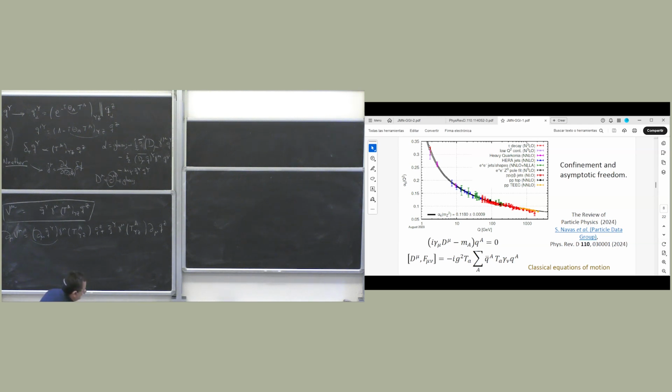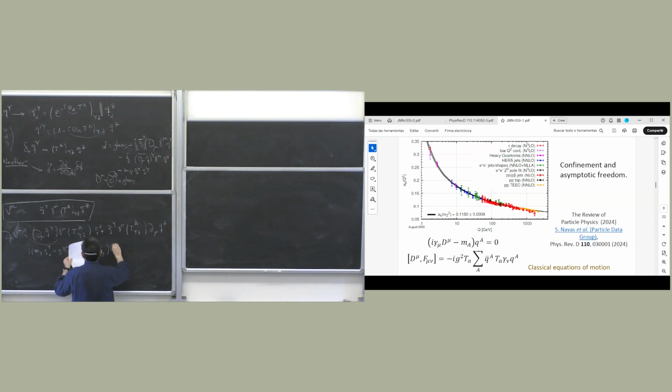So then we get i m y q y alpha minus g V mu A lambda A alpha beta q bar y beta gamma mu.